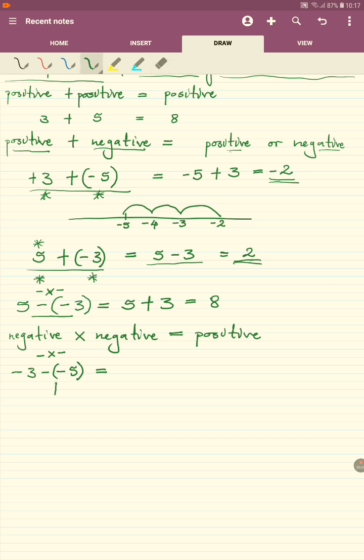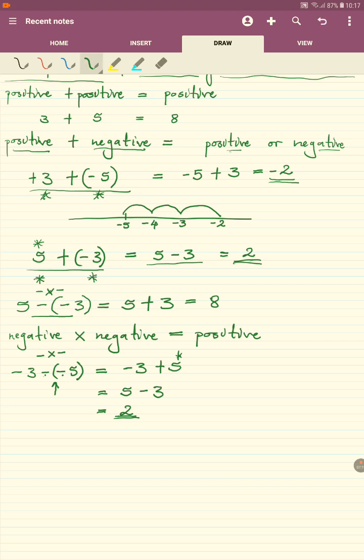We multiply the negative outside the bracket by the negative inside the bracket, and you get a positive. So you end up with minus 3 plus 5, which you can write as 5 minus 3 if you start by writing the positive number, and your answer will be equal to 2.